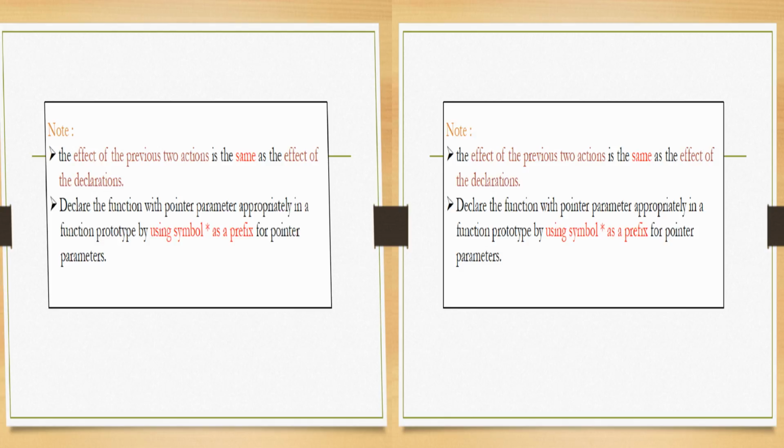The second one is declaring the function with pointer parameters appropriately in a function prototype by using the symbol *, which is used as a prefix for pointer parameters.